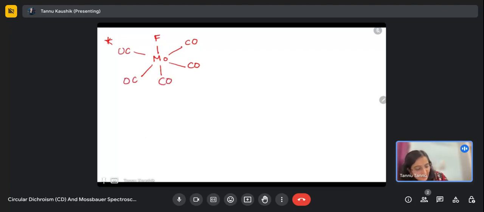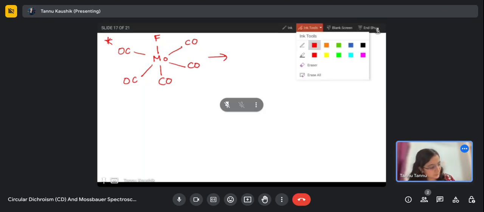So here we have octahedral geometry, but we don't have an octahedral symmetry. So in this case, we will find out the point group for this molecule.